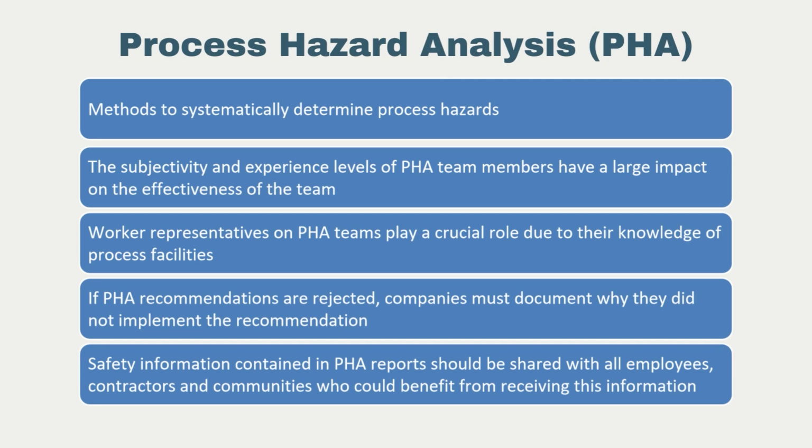If a process hazard analysis has been done and its recommendations are rejected, companies must document why they did not implement the recommendations. And the safety information contained in the PHA reports should be shared with all the employees, contractors, and communities who could benefit from receiving this information.